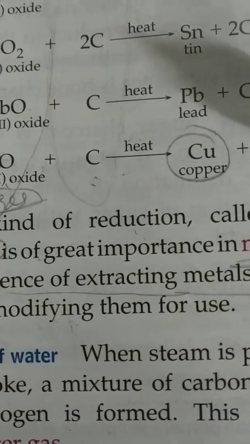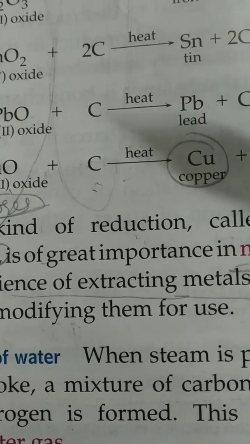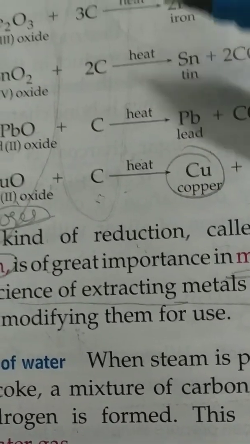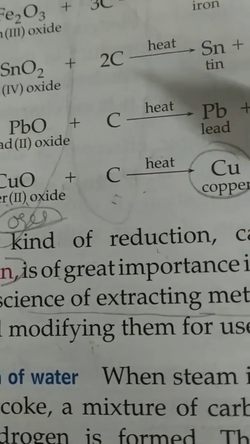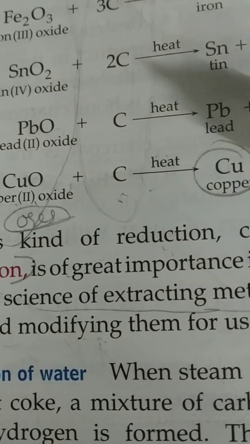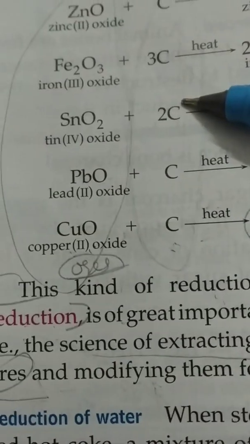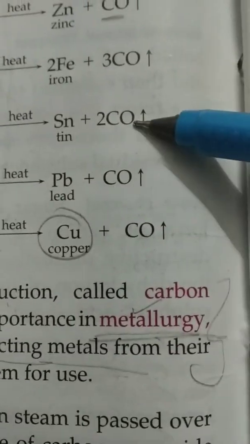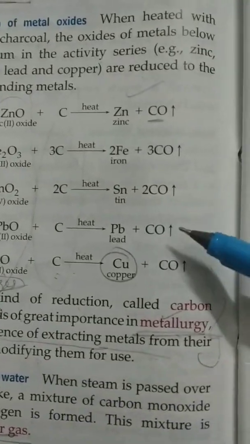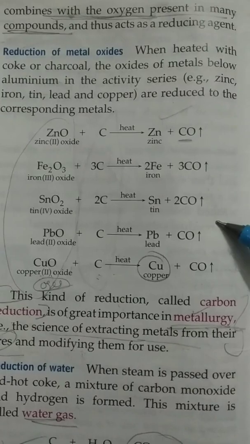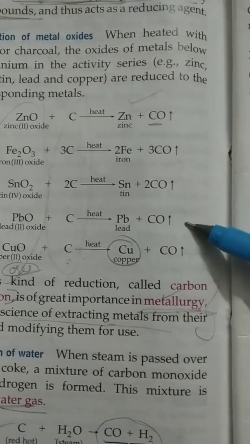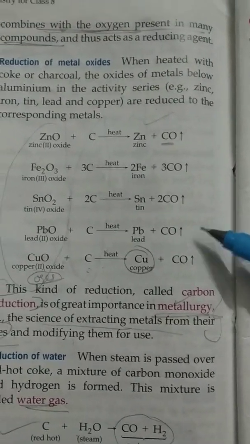It means that when we heat any oxides of metals below aluminium in the activity series, they are reduced to the form of metal and carbon monoxide. So this kind of reduction is called carbon reduction, and it is of great importance in metallurgy.